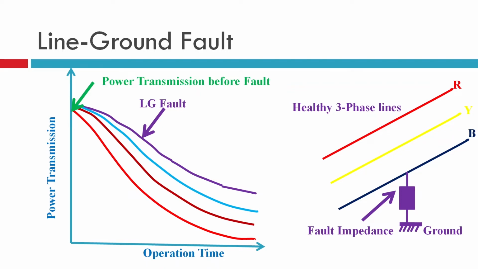That object may be a plant, any animal, any other object like a bus or car, etc. Hence, power transmission by three phases is reduced. However, except this faulty line, other healthy lines are able to supply power as per their capacity.